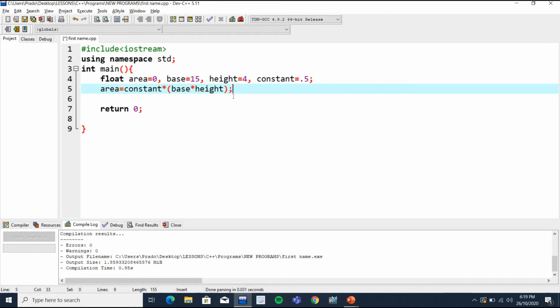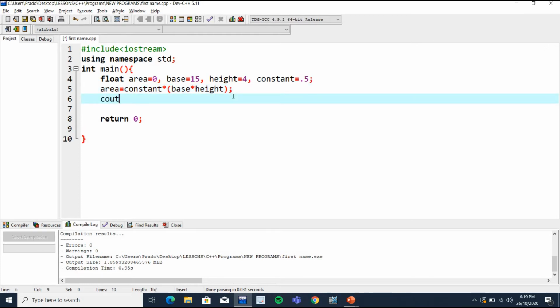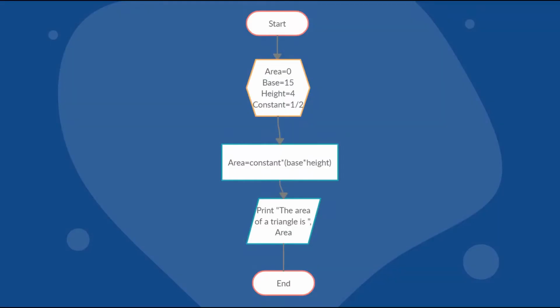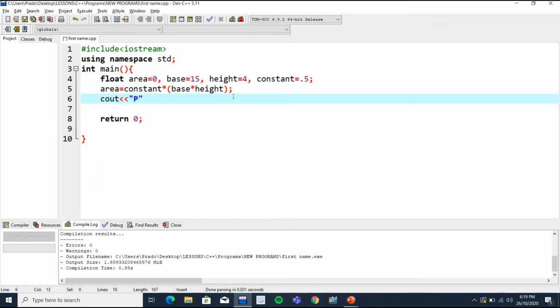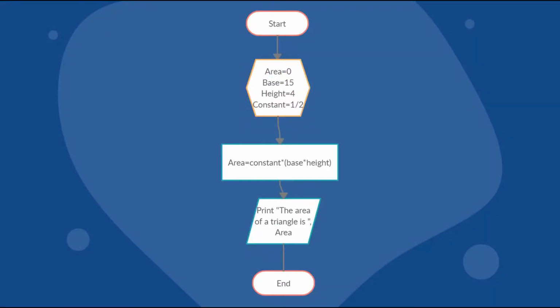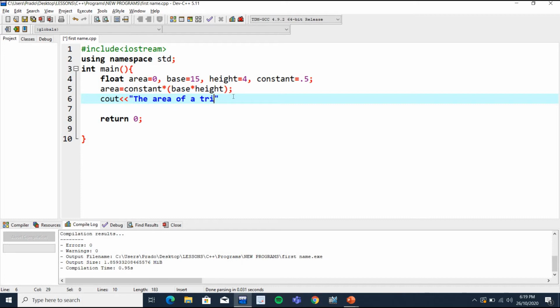Ayan. And then cout, the area of a triangle is, saka po natin tawagin si area. Then semicolon. Let's try to run the program.